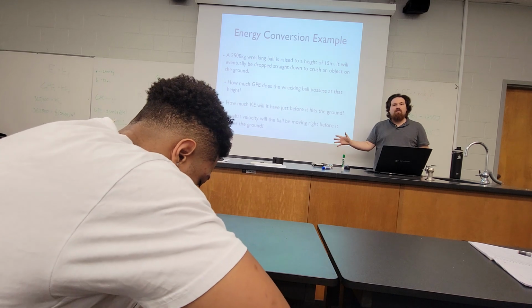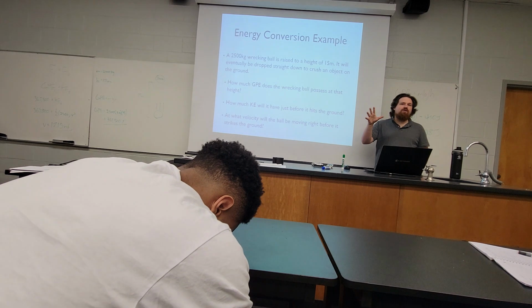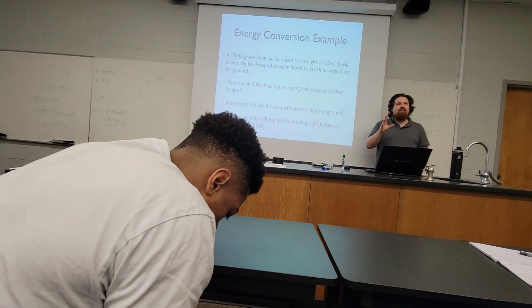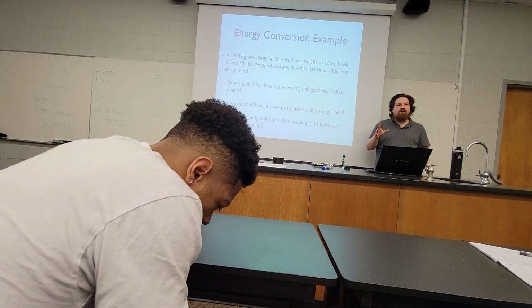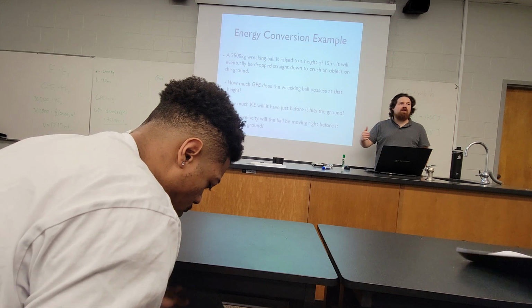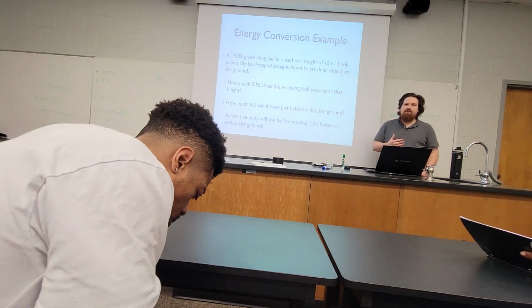But the wrecking ball brings more kinetic energy into the crash, so it's going to exert more force upon hitting the ground. Like dropping a marble from the same height, it would hit the ground at the same speed, but the marble brings less energy, therefore it's not going to do nearly as much damage as the wrecking ball does.